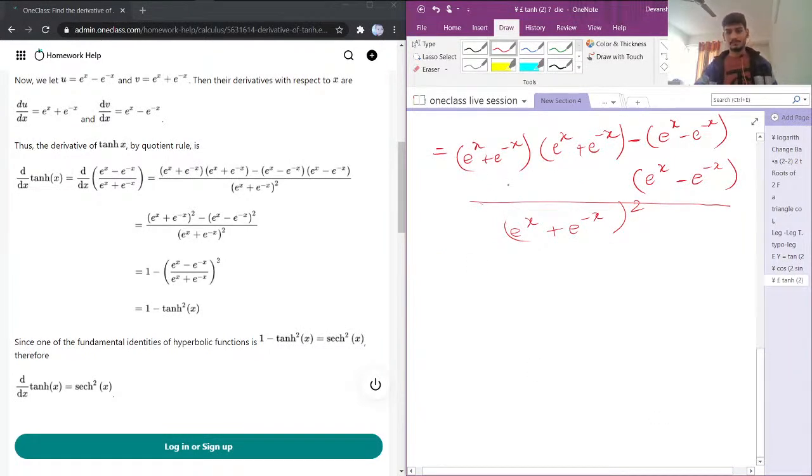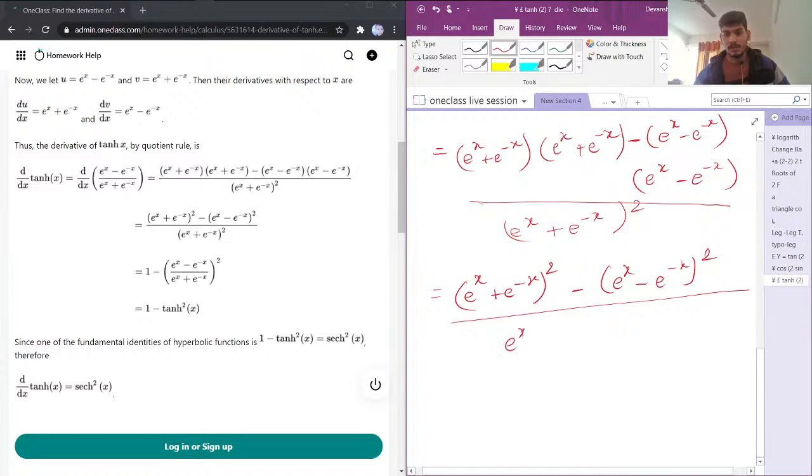Now I have these two terms, so I will just square them. It will become e power x plus e power minus x whole square minus e power x minus e power minus x square over e power x plus e power minus x whole square.